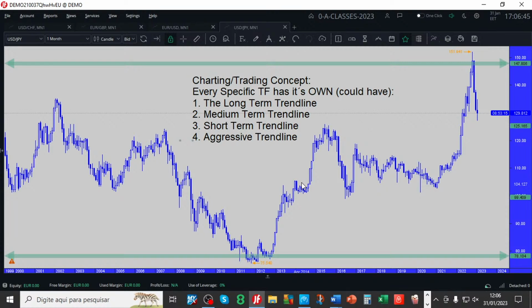They are not going to appear always, alright? It could have. Type in the chat, everybody. Done, so we can move forward. There is no right or wrong. Just remember, you should not mix apples with bananas. Every specific time frame has its own long-term trend line, medium-term trend line, short-term trend line, aggressive trend line.